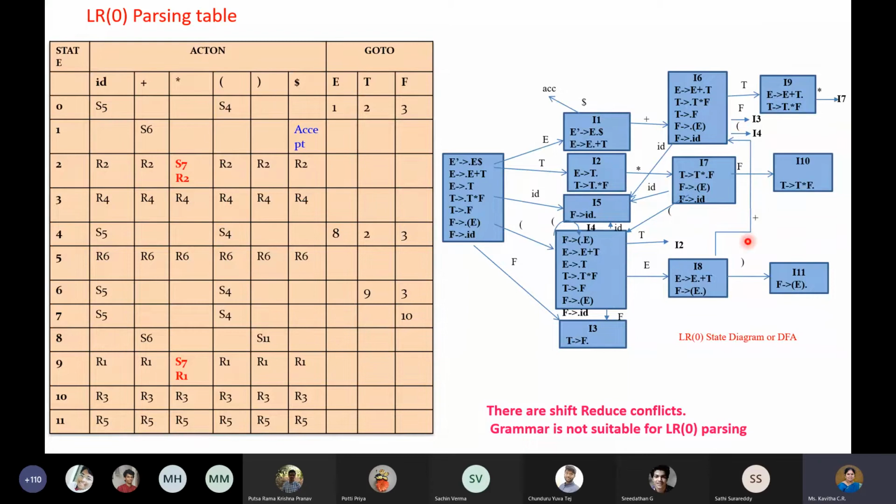Now whether the diagram is there or not is not important. We have our table, we can directly make use of it, and all the blank entries mean error, once again like the same notation in our LL(1) parsing. Similarly here, whatever is blank is taken as an error.